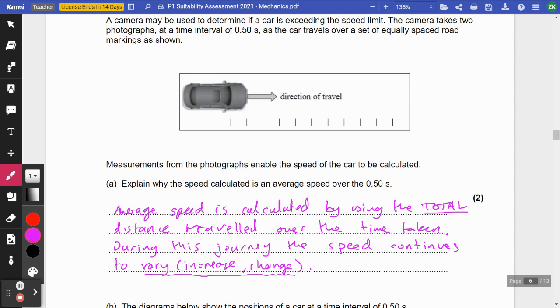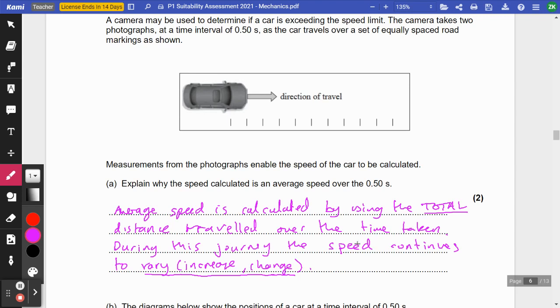So we know that the car moving from one interval point to another interval point could be changing its speed. So the average speed is calculated by taking the total distance divided by the total time. We know that the time taken is over a 0.5 second interval.